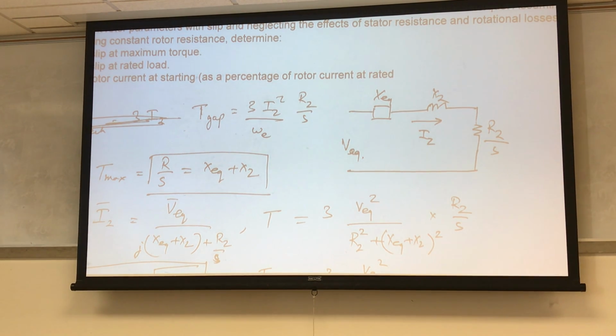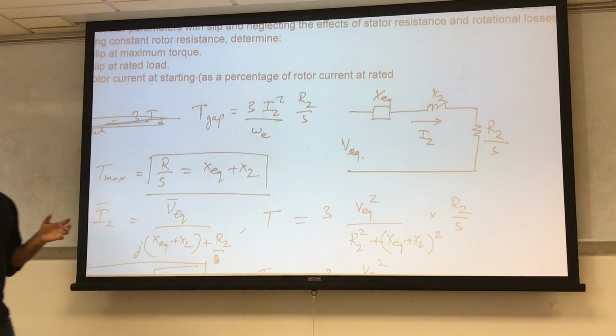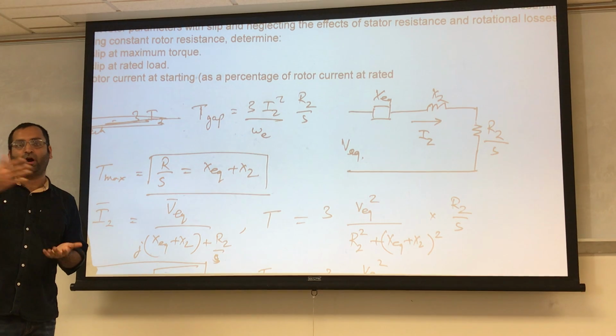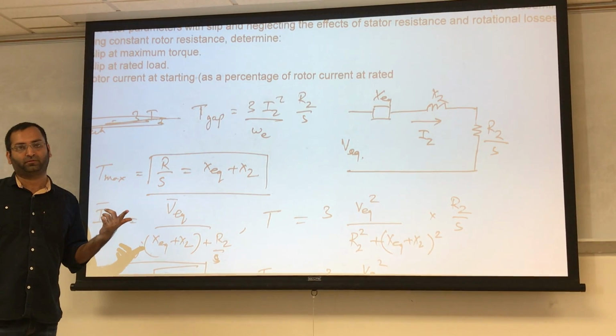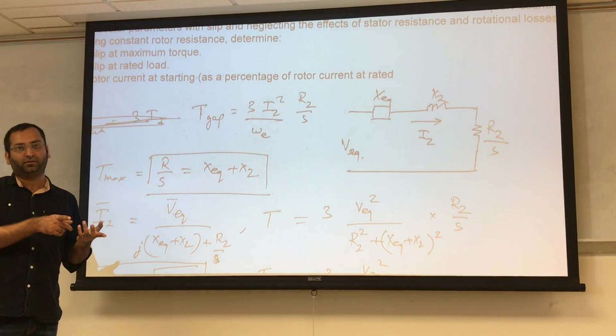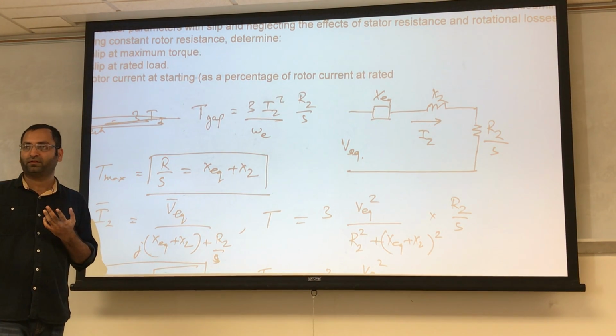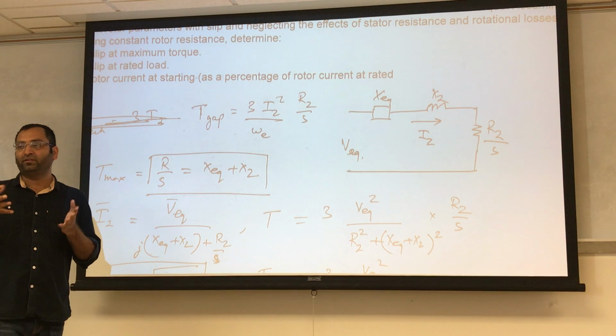So you guys know about efficiency, right? What is efficiency and how to find it? If you have an induction motor and you have a shaft power and you have an input power, efficiency should always be output power over input power. So what's the output for a motor?